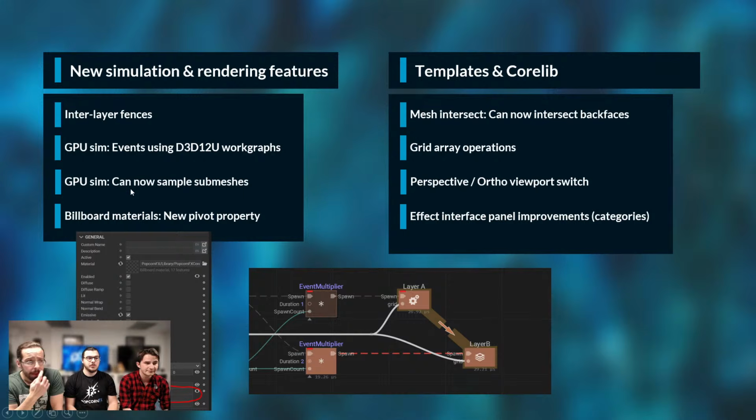On the GPU sim side, we can also now sample submeshes of a mesh. This was something that broke the feature parity between CPU and GPU sim before. If you had attribute samplers with multiple submeshes, you couldn't ask the sim to sample all the submeshes. Now you can. And on the rendering side, all billboard materials, so that's the new materials, not the legacy materials, now have a pivot property.